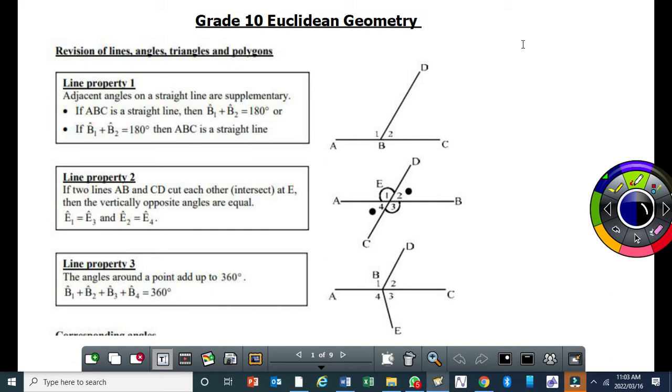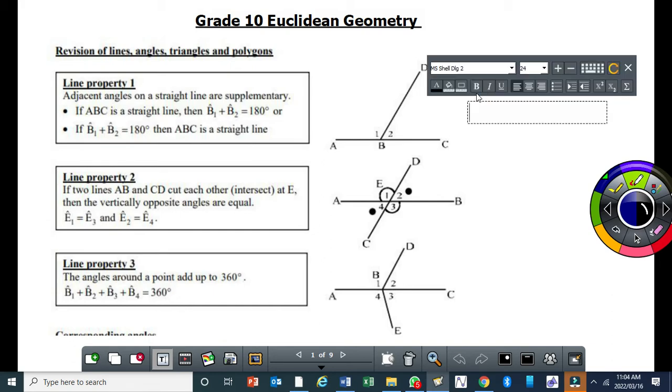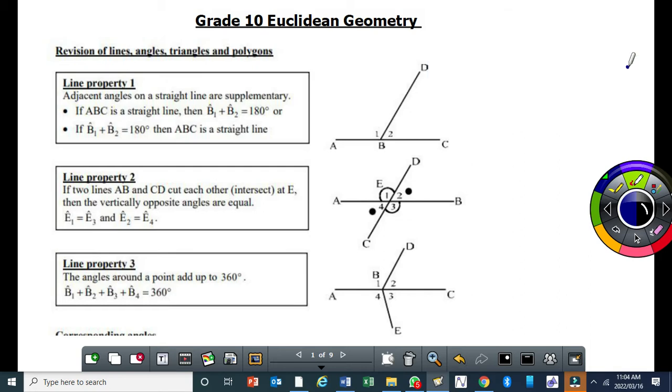Now the reason that you give for a case like this, you can just write angles on a straight line, or you can write adjacent angles on a straight line. Because in geometry, you have to know your reasons.